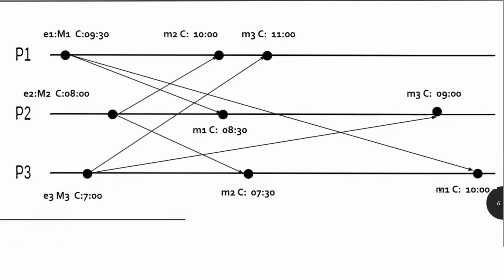Let's say for the sake of simplicity, the actual order is what we are seeing, which is this one. So for the sake of simplicity, we will say that E1 happened first and then E3 and then E2. None of these processes got the correct order.